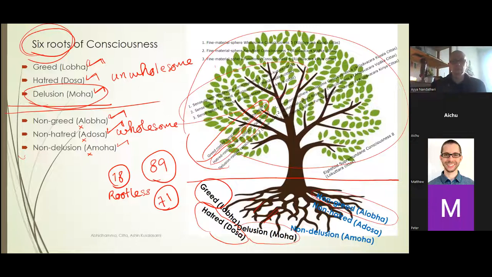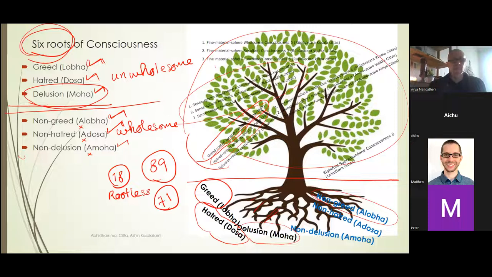So here, briefly to say, there are 6 roots of consciousness. Because of these 6 roots, our mind is changing. If the greed motivates you, then you will do the greed-rooted consciousness.